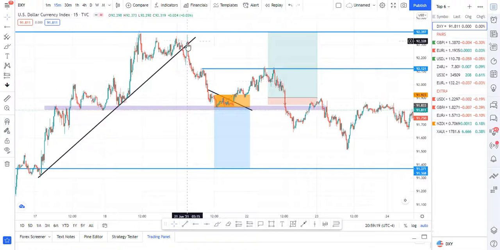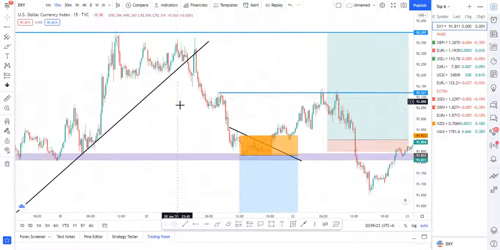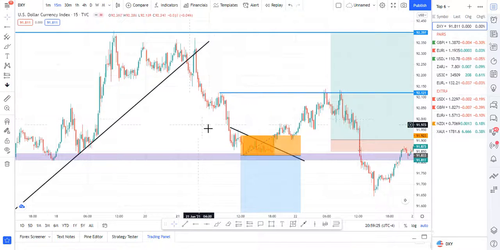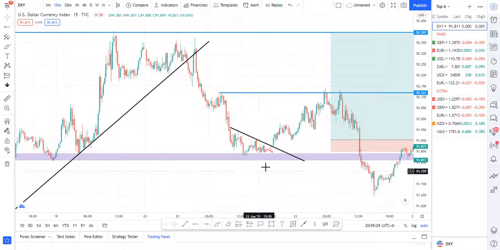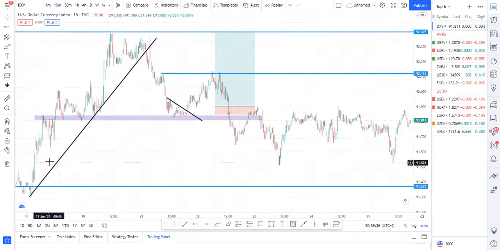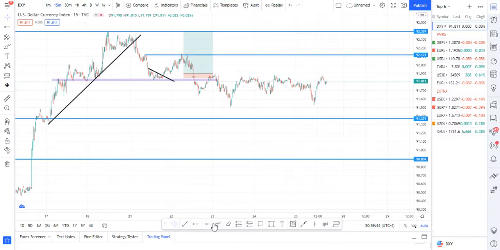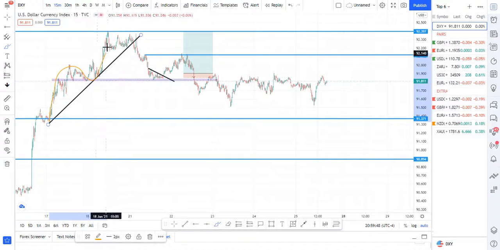Keeping that in mind, I knew there are two possibilities: it's either going to be rejected, or not. Also, you see this trend line, guys? It's a buy trend line, and this one is a sell trend line. Price is on top, and every time it bounces, it goes up.